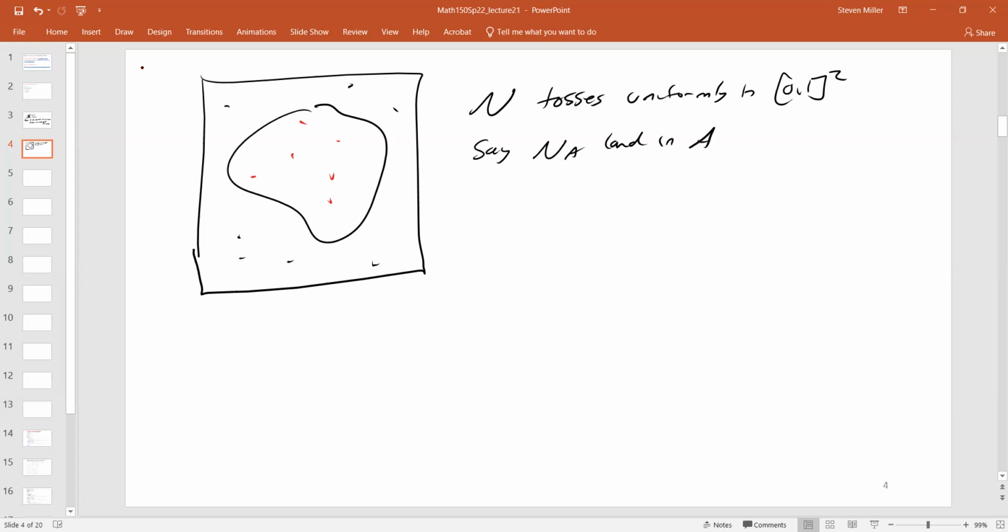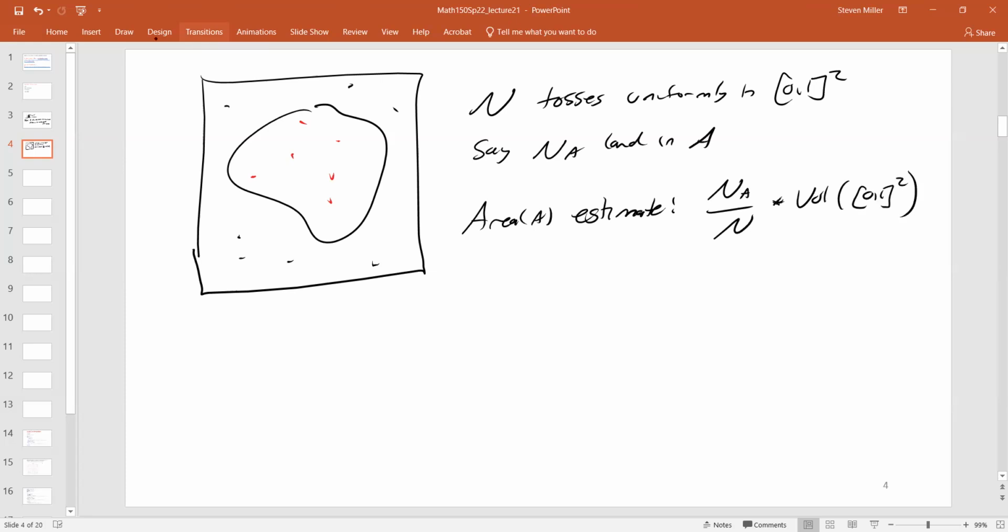What might you estimate the area of A to be? Anybody have any thoughts? N sub A divided by N, or N sub A over N times the volume, which in this case is 1.